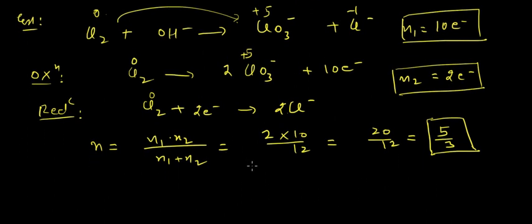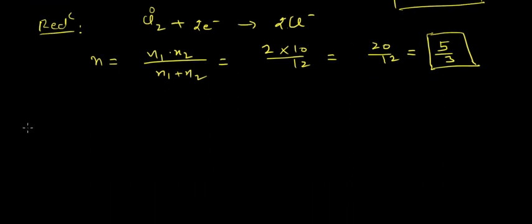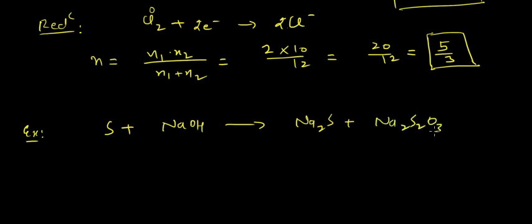Let's take another example. We have sulfur, we are putting NaOH in it, and this is converting into Na2S plus Na2S2O3. Here sulfur was in 0 state, it goes to minus 2 here. And what is the oxidation state of sulfur in Na2S2O3? As 2 Na plus are attached to S2O3, S2O3 would definitely have a minus charge.